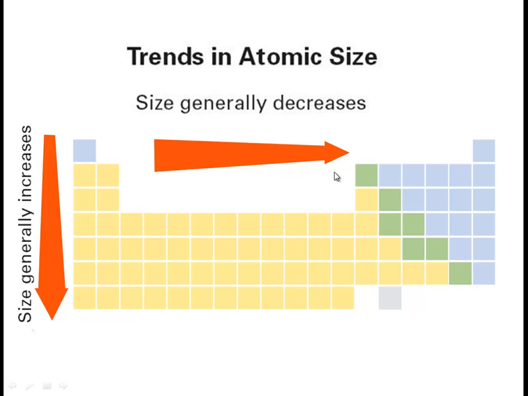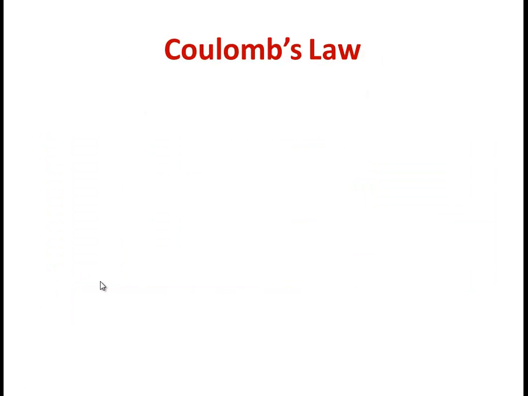There's a few little hiccups along the way, but in general, atoms get smaller as you go toward the right, and they get bigger, generally, as you go top to bottom. And we need to have a good understanding of how that happens.